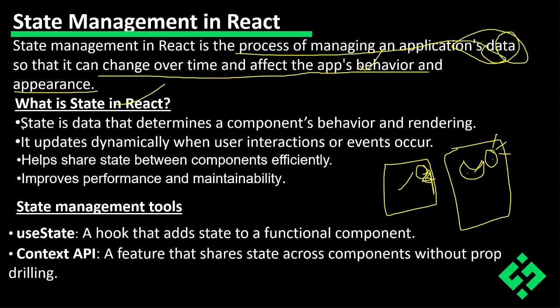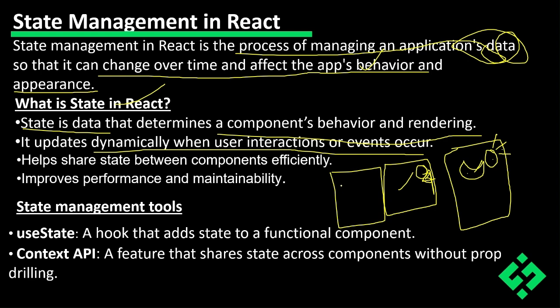Okay, so what is the state in React? State is data. It is data that determines a component's behavior and rendering. We'll get to know about it, okay? And it updates dynamically when user interaction or events occur. For example, say you have a basic application, for example, WhatsApp or some chat application.